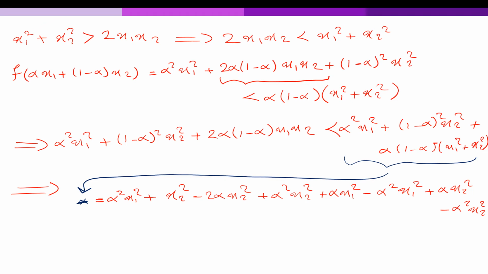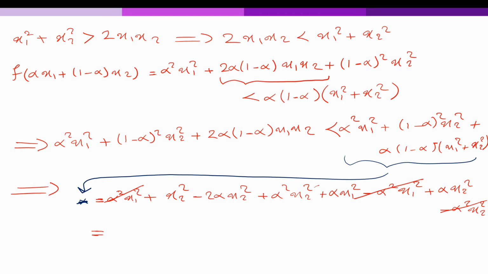Okay, so we can cancel this and this together. Do we have any alpha squared?